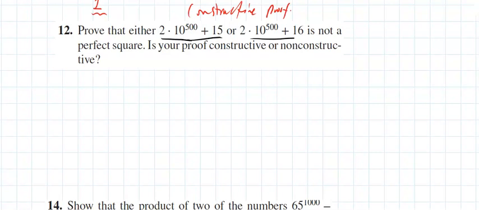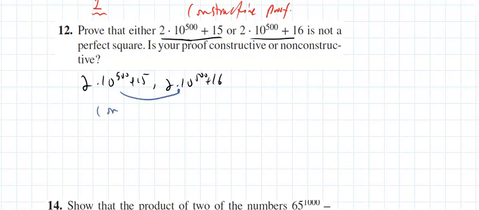So they give us a number, they say, is your proof constructive or not constructive? Prove that 2 times 10 to the 500 plus 15, 2 times 10 to the 500 plus 16. So this makes those consecutive. Those are consecutive integers.